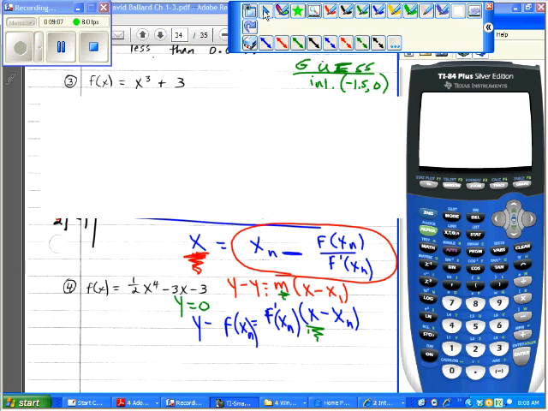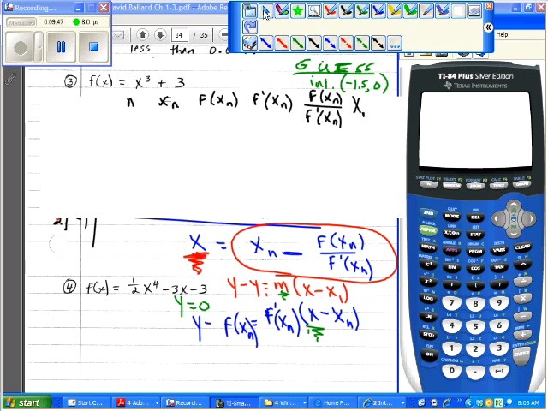Now, on my chart, I'm going to set it up like this. I'm going to set up n, and then I'm going to have x sub n, and then I may need more space. Let me just back up a little bit. I'm going to have n, I'm going to have x sub n, I'm going to have f of x sub n, I'm going to have f prime of x sub n, I'm going to have f of x sub n over f prime of x sub n.